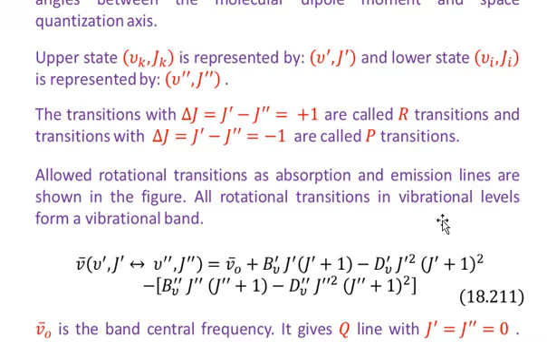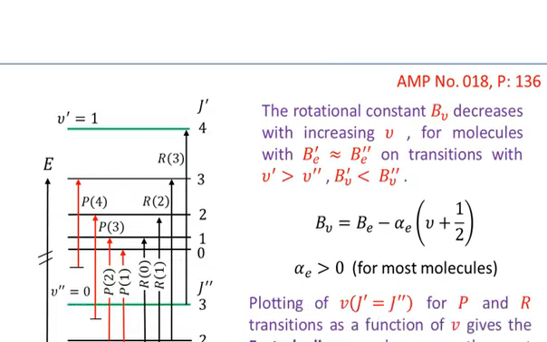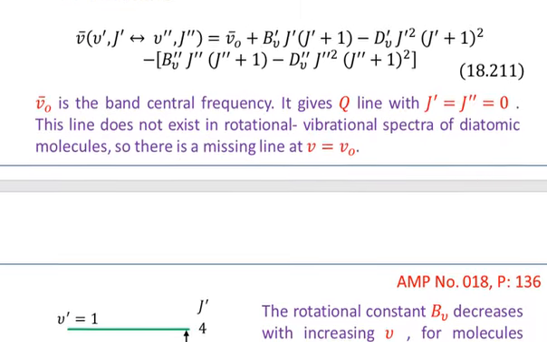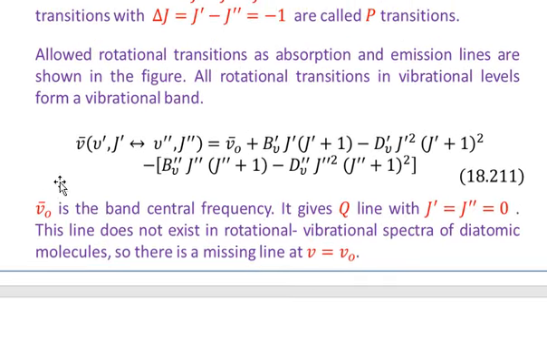All rotational transitions in vibrational levels form a vibrational band. So when these transitions occur between the rotational levels of the two vibrational levels, these are called vibrational bands. And you know that the wave number that we can calculate is given by this.